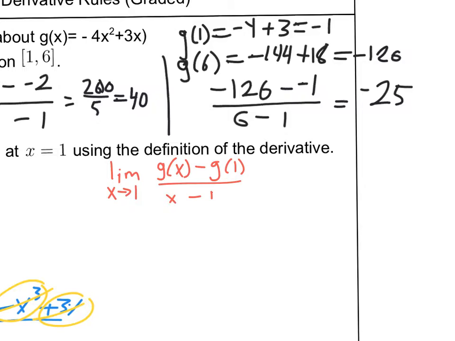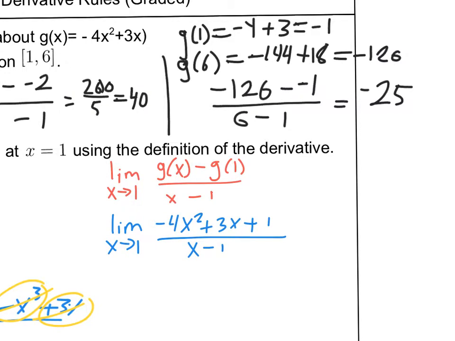So the limit is x approaches 1, and that's going to be negative 4x squared plus 3x. And then at 1, that's going to be negative 1. And that's going to be over x minus 1.